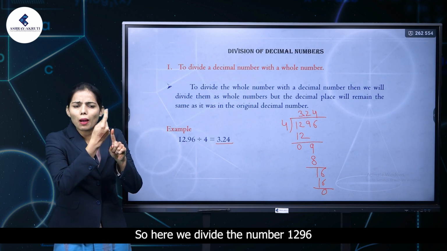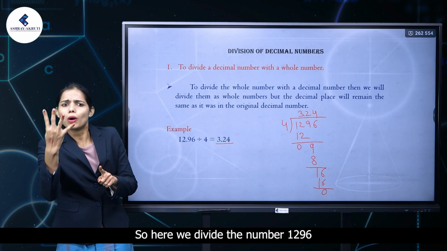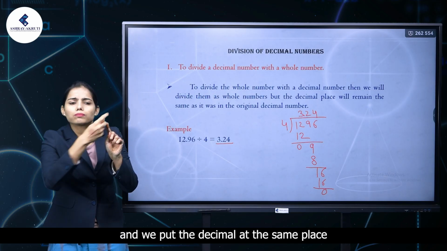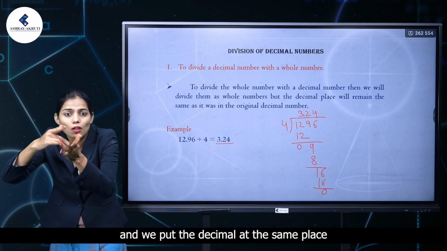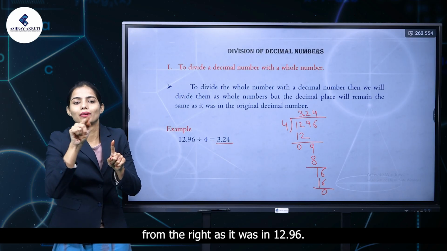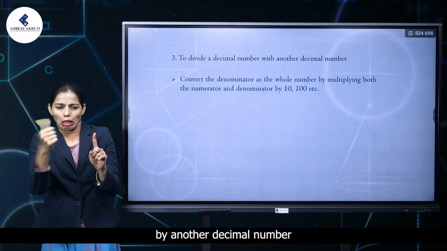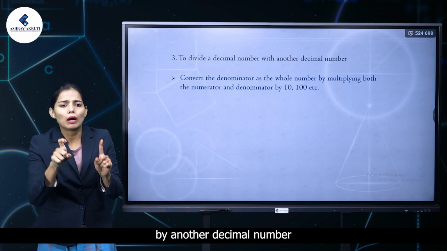Here we divide the number 1296 by 4 as normal whole numbers, and we put the decimal at the same place from the right as it was in 12.96.